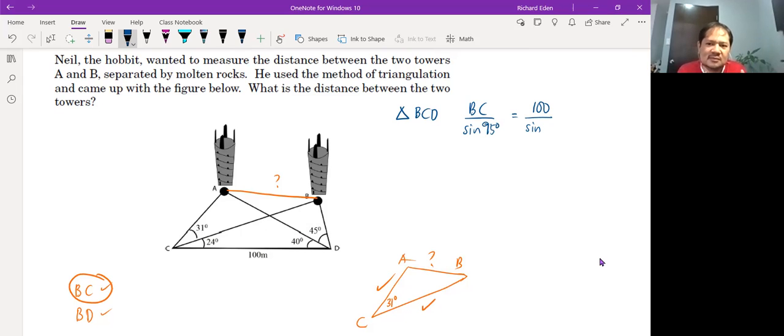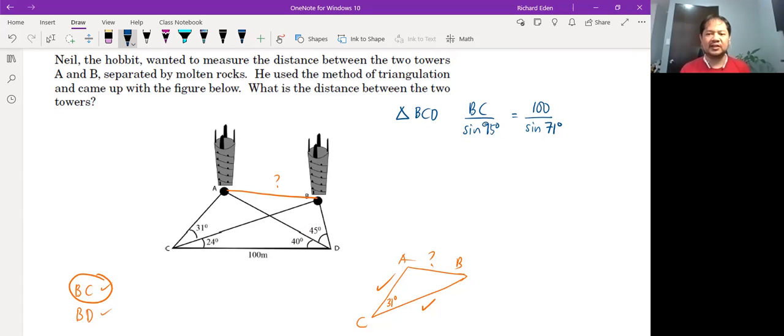But why in the world is the figure not obtuse? All right, anyway. 100 over the sine of CBD, which is 71. So from that, we can solve for BC.